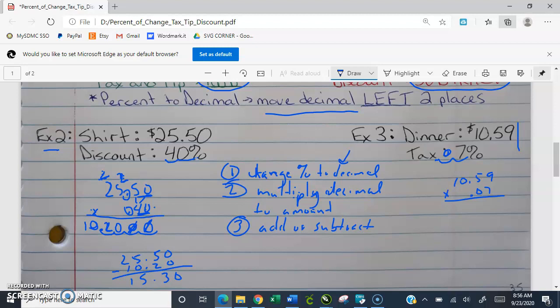So let's do the math. 9 times 7 is 63. Put the 3 down, carry the 6. 7 times 5 is 35, plus 6 is 41. Put the 1 down, carry the 4. 7 times 0 is 0, plus 4 is 4. And 7 times 1 is 7.